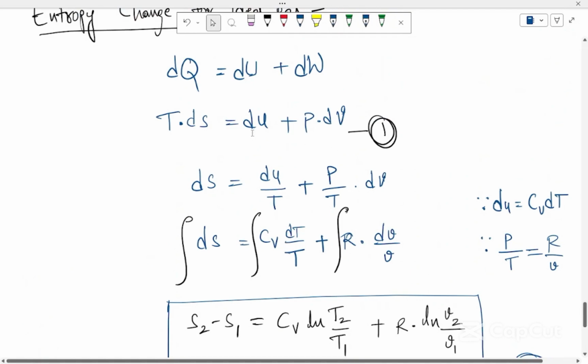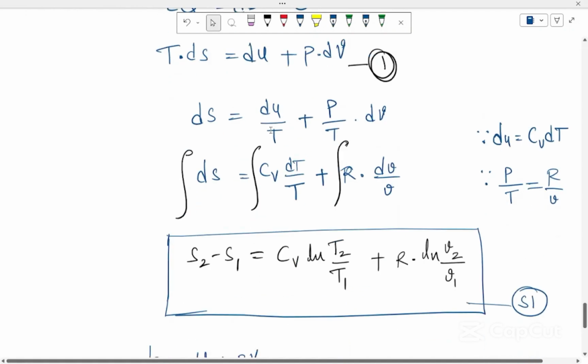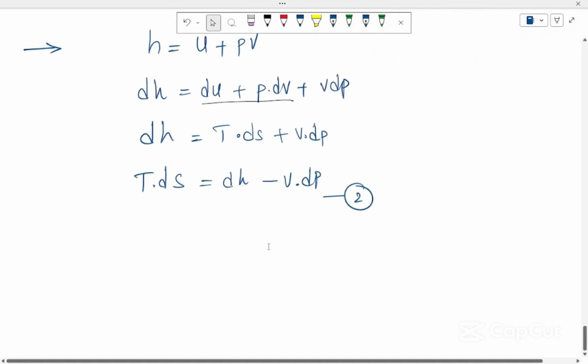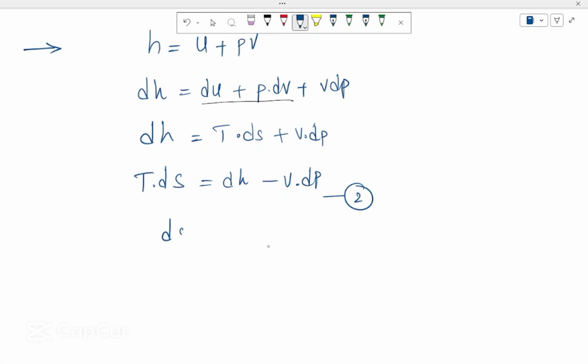1 and 2 are TdS expressions, in terms of internal energy in 1 and in terms of enthalpy in 2. You can use this expression to get one more kind of entropy change expression. Take only dS on the left hand side and take the T onto the right hand side, so you get dH by T minus V by T into dP.